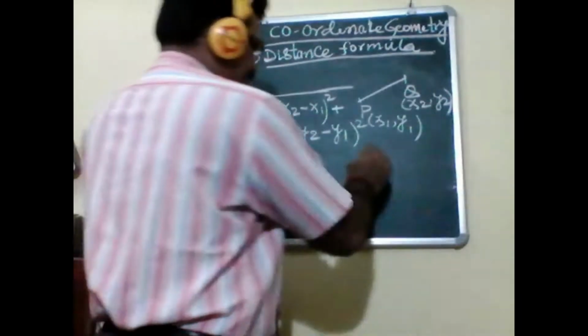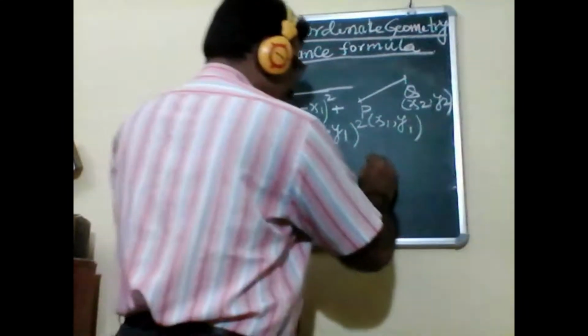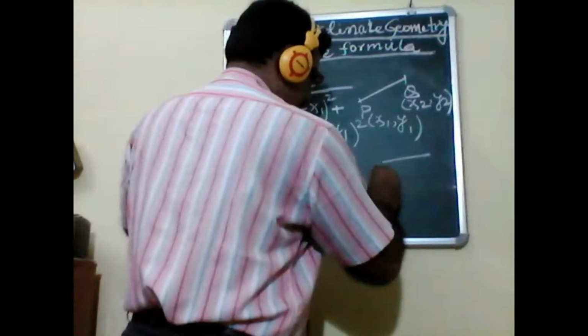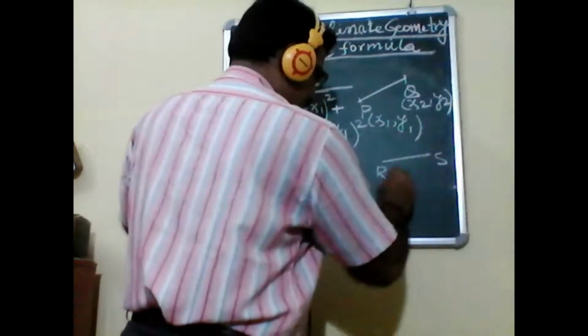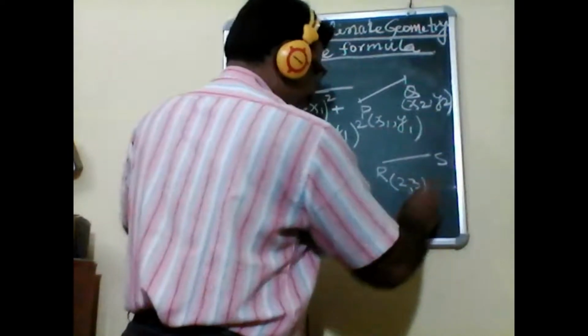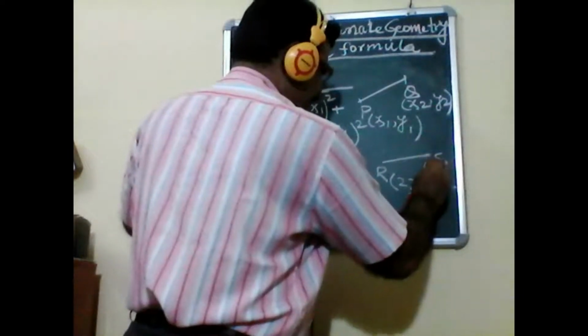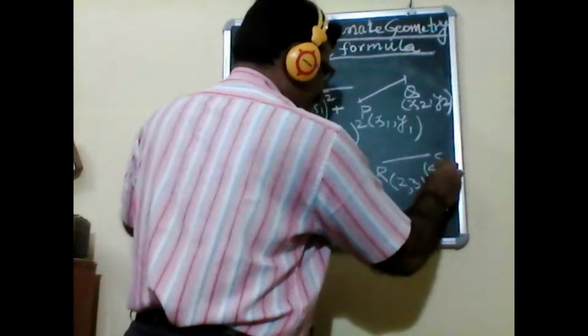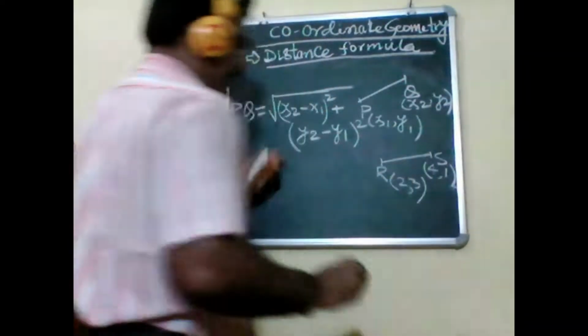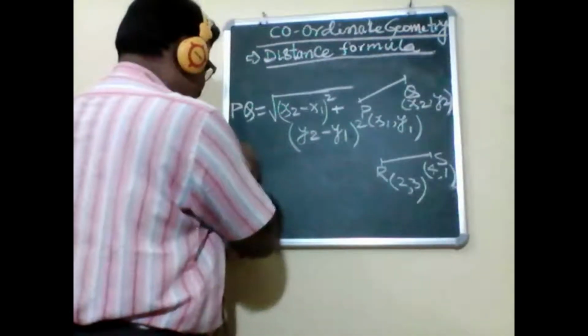Suppose there are 2 points, R and S, where R has coordinates 2, 3 and S has coordinates 4, 1. How can we find the distance RS?